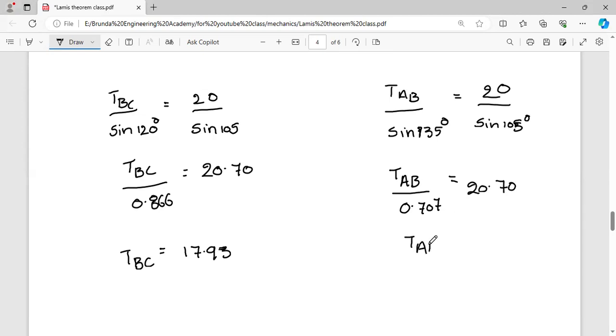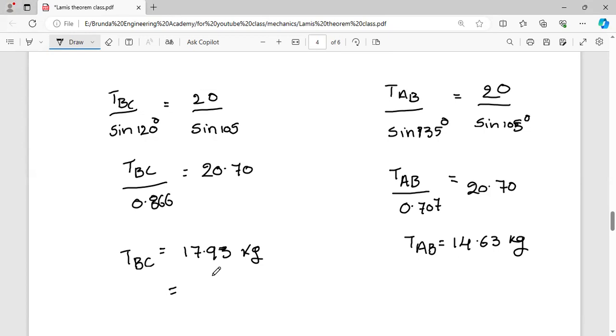Then this TAB equal to 20.7 into 0.707, equal to 14.63 in terms of the kgs. Whereas if you require in terms of the newtons, we can multiply it with 9.81.